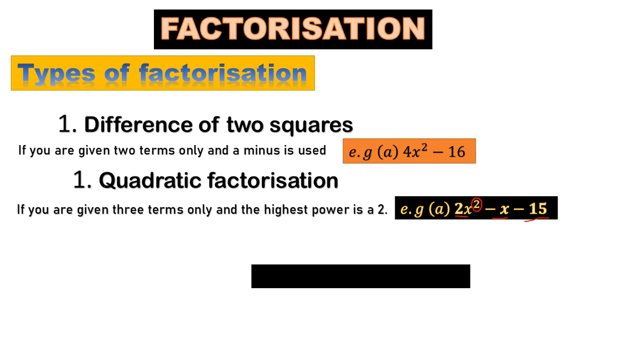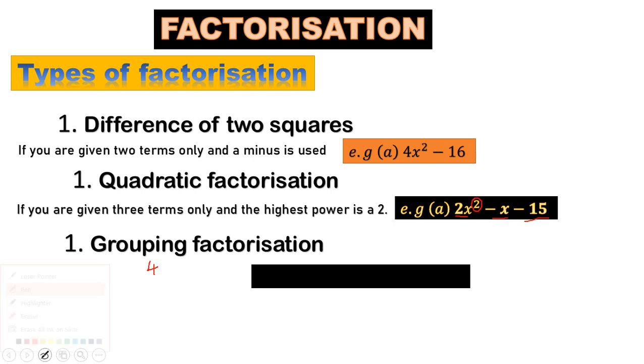Okay, the last one is grouping factorization, where you are given more than three terms. Here you have to be given at least 4 terms. When we say at least, it simply means they can be 4 or more than 4 terms. In such a case, you have to start grouping the like terms together.